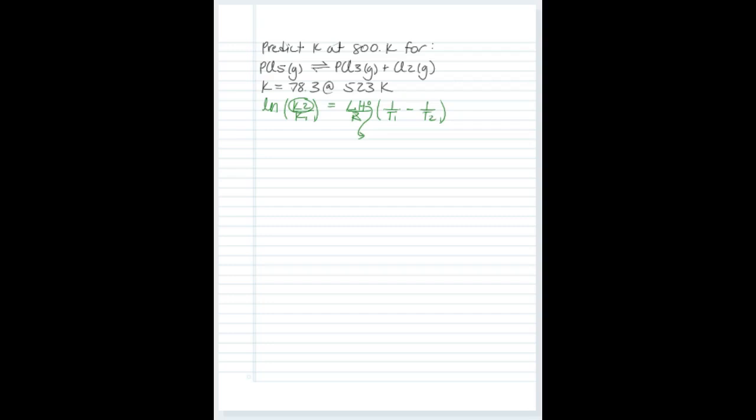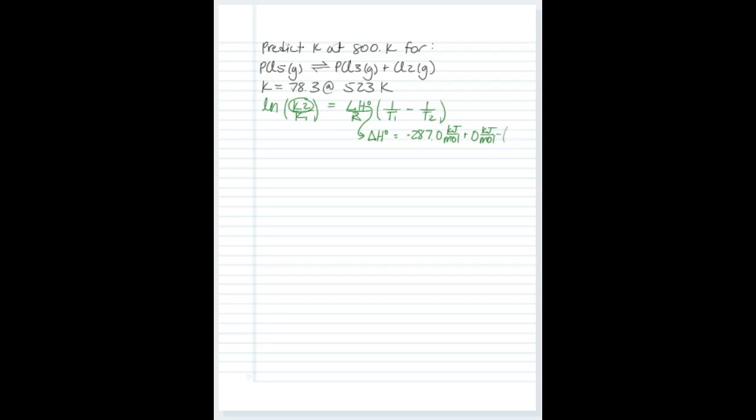So if I look up those values, what I find is that delta H equals negative 287.0 kilojoules per mole, that's the delta H of formation of PCl3, plus 0, which is for chlorine, because chlorine as Cl2 in its gas state is a standard state element.